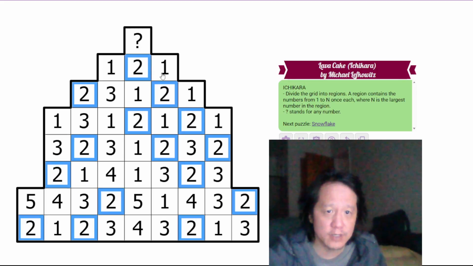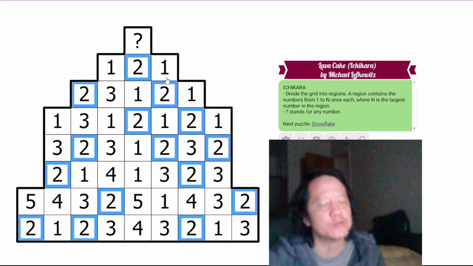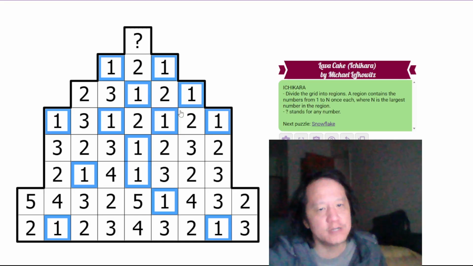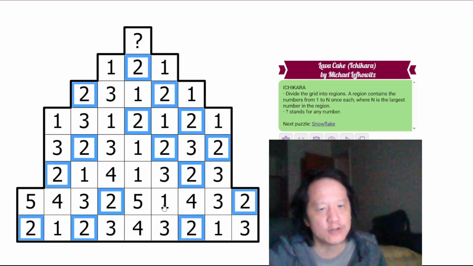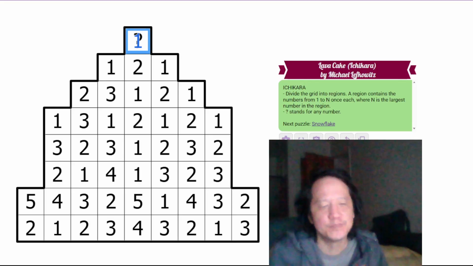So that means, because each 2 has to have a 1 that it's part of a region with, since there are 14 ones and 15 twos, this question mark has to be a 1.